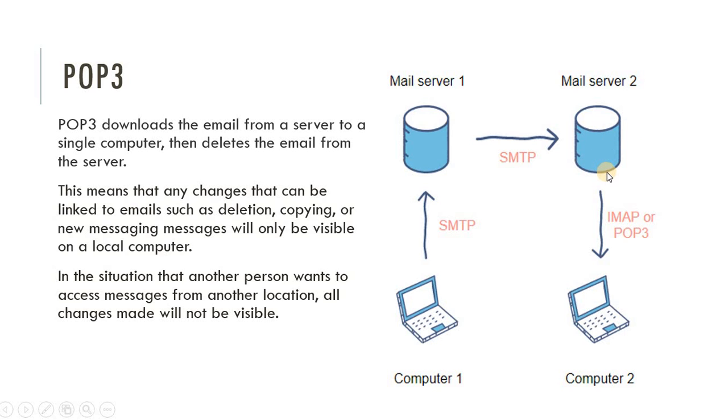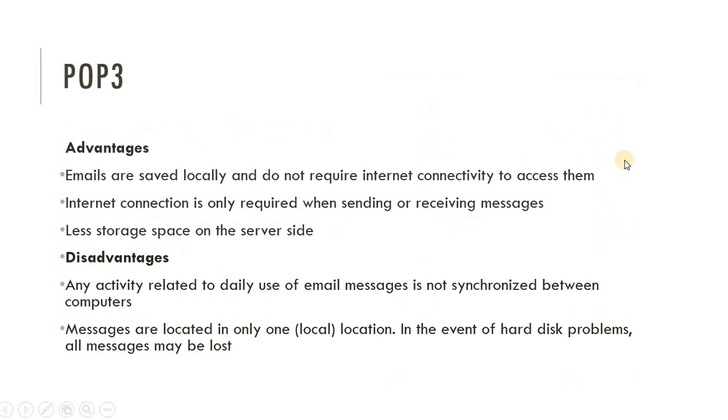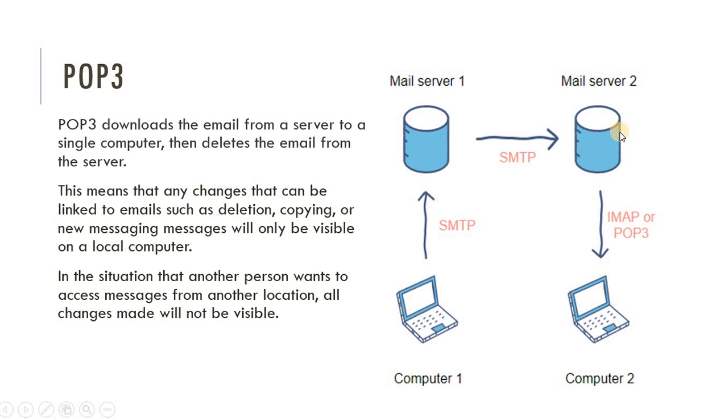After mail is received at the receiver's mail server, the protocol which retrieves the email from the receiver's mail server to the user agent is called IMAP or POP3.